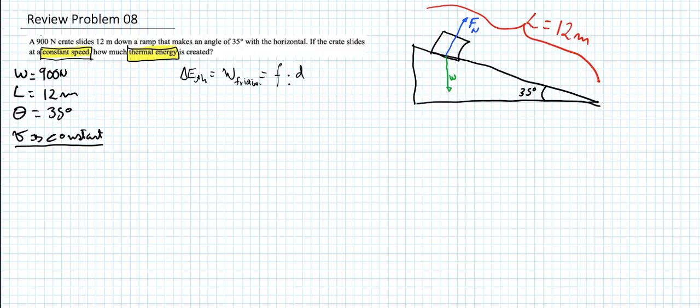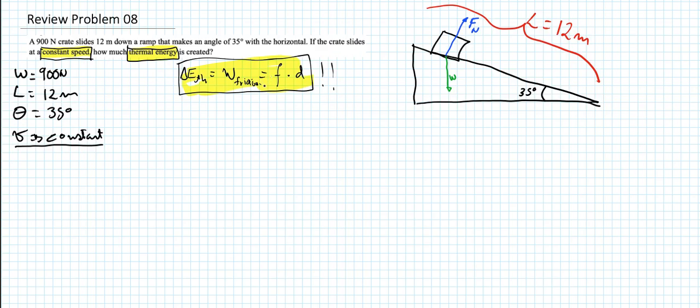So this is the equation that we need to remember. I will highlight it here just for you guys to remember. Now, how will we figure out the friction force?